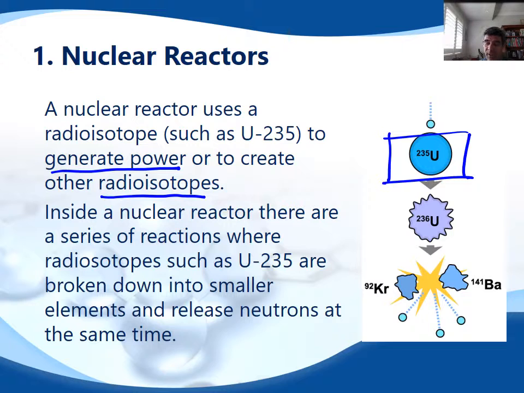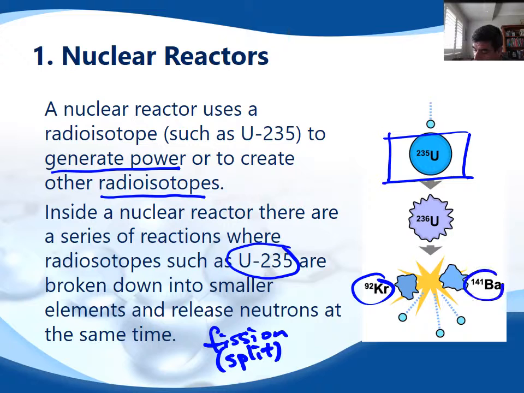Inside the nuclear reactor, there are a series of reactions where we can break down the uranium-235 into smaller elements through fission reactions. Fission just means split, and fission reactions are what enable us to create, say, krypton and barium from one unstable uranium atom.